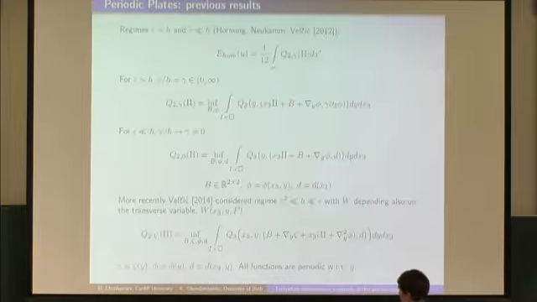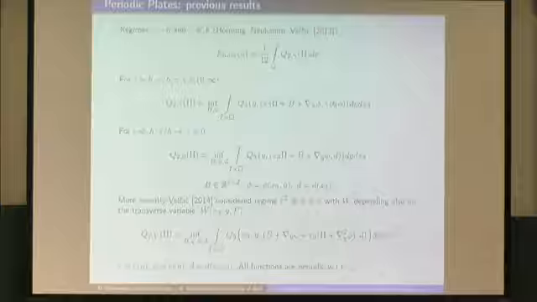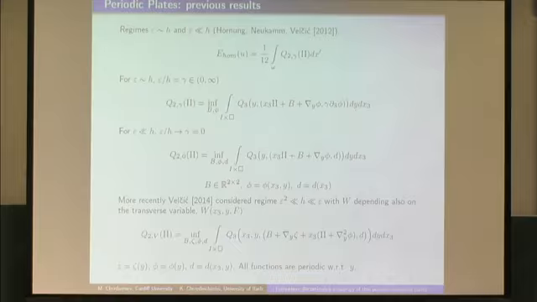Now, when we were finishing our problem, Velčić in 2014, last year, published a paper, on arXiv, I think. I'm not sure if it's published in a journal. He considers the regime which we also consider in this work.